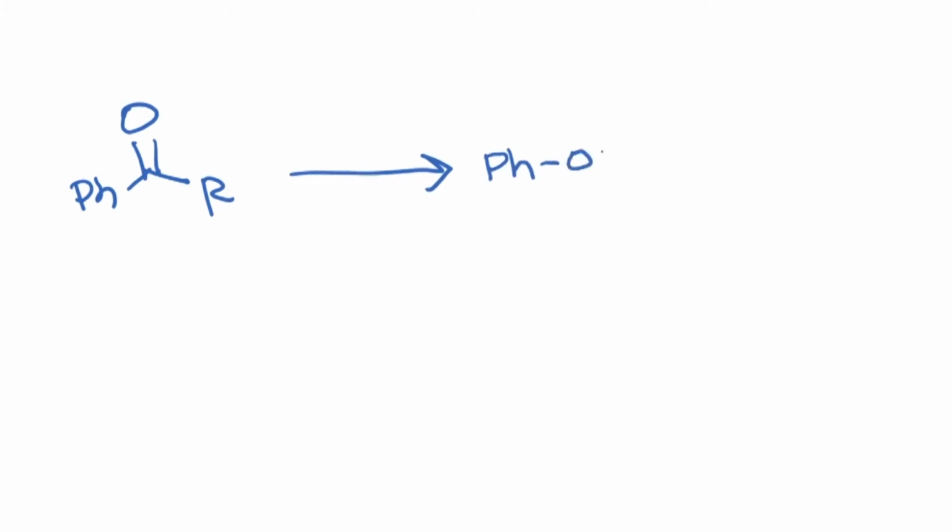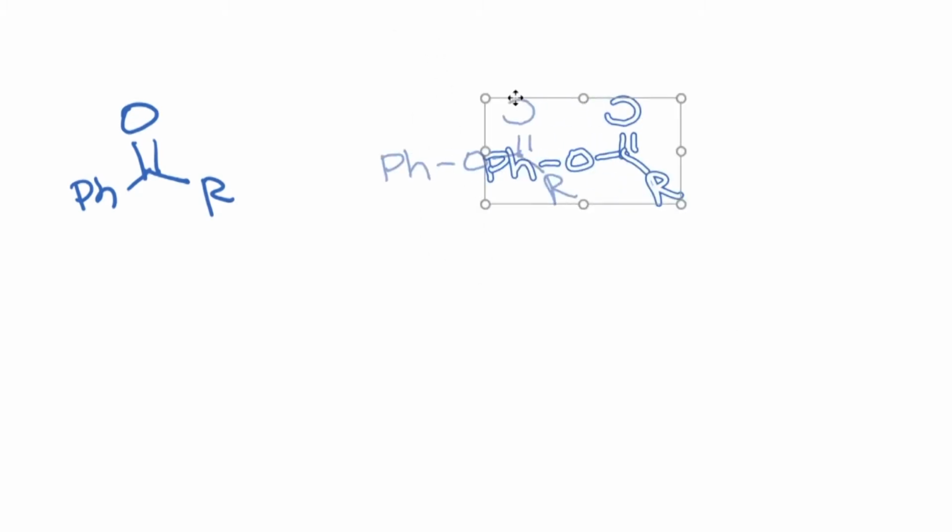So we start with this phenyl C=O R, and we would end up with a mixture of products, let us say. The first product, as we discussed, would be C=O R. I'm going to draw this a little bit smaller so that we can look at all the data on one page.